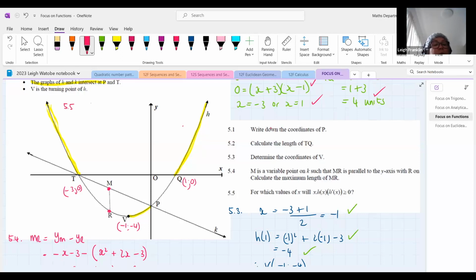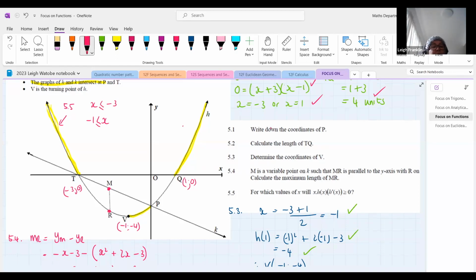Okay, so let's write down our answer for 5.5. Okay, so where x is smaller than -3, that's this bit over here. V to P, it's between V and P. So we've got to say between -1. Oh, sorry, it says or equal to 0, right? So we can include these values.